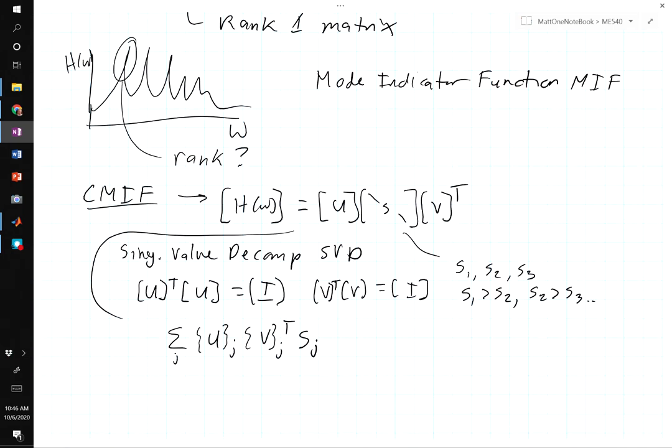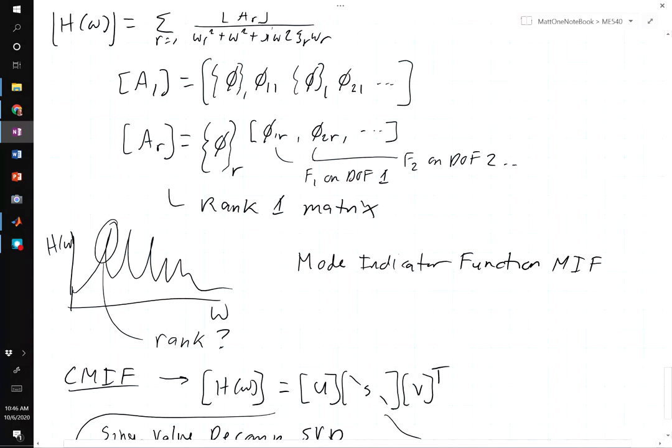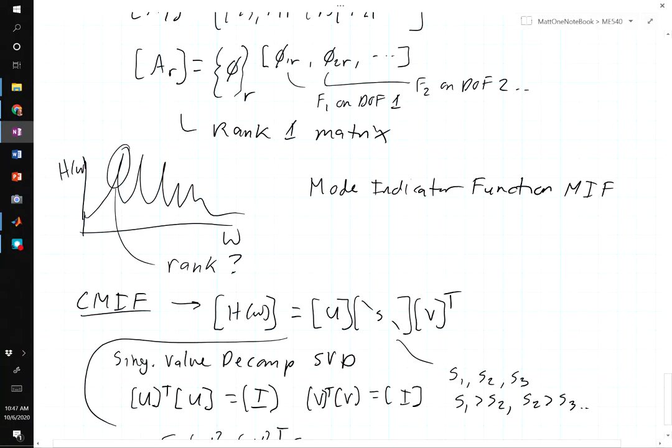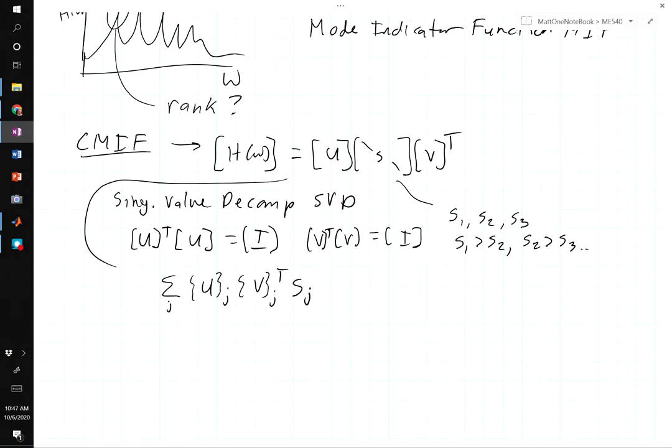So if we have a single mode, this decomposes the response into a rank 1 matrix, into two vectors that we can use to build a rank 1 matrix. So if we have only one mode present, we expect to have S1 non-zero, and S2 equal to S3 equal to ... equal to 0. And in practice, they won't be precisely 0, but they should be smaller or negligible.